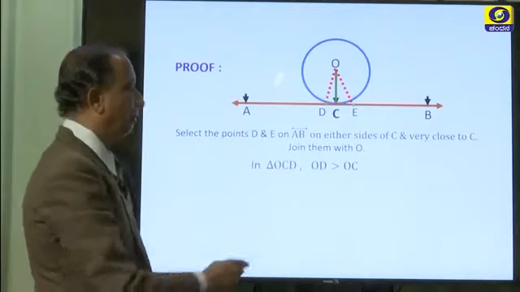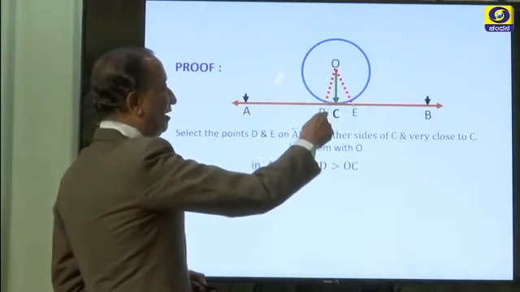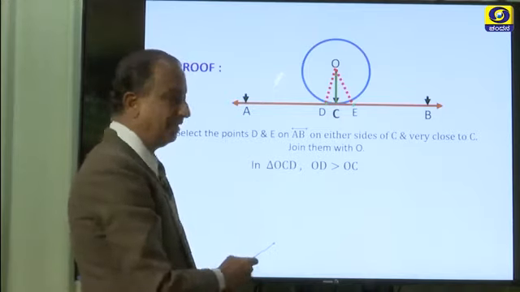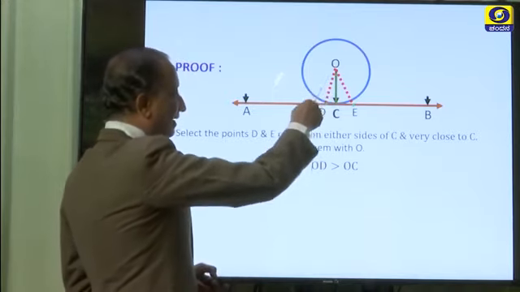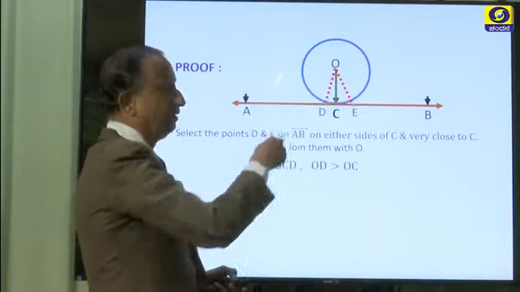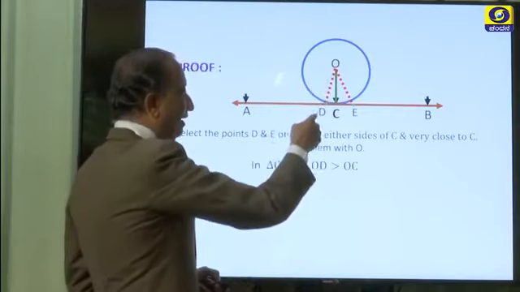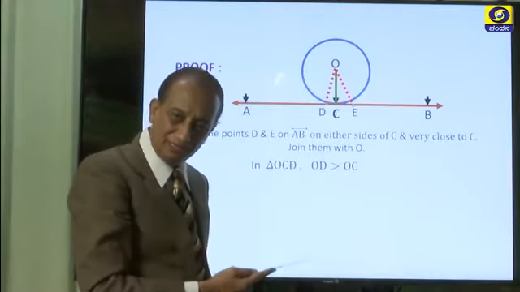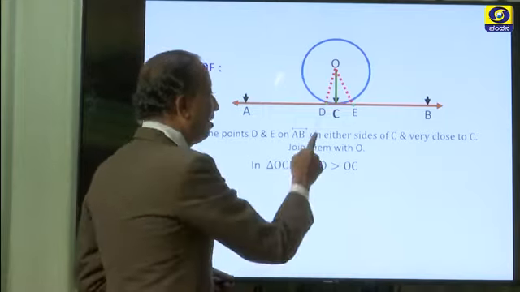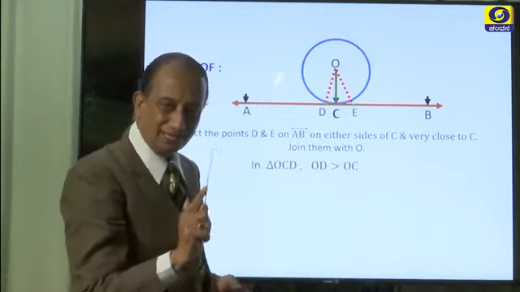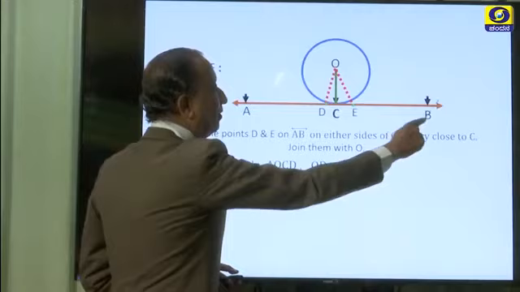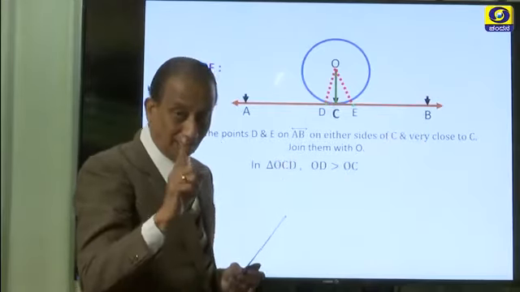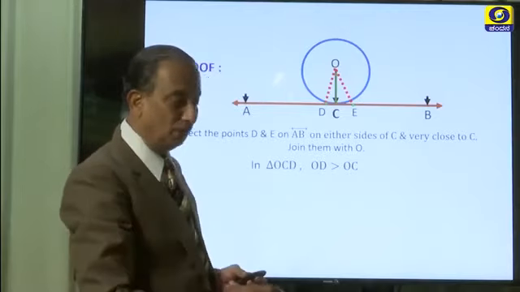Okay, the first point. Here towards the left is a triangle OCD, correct? In triangle OCD, you can very well see that if you compare the line segment OD with the length of OC, definitely anybody can say that OD is greater than OC. Do you know the reason? The reason is this: the point D is not on the circumference of the circle, it is on the tangent AB, because tangent means a straight line which touches the circle at only one point.